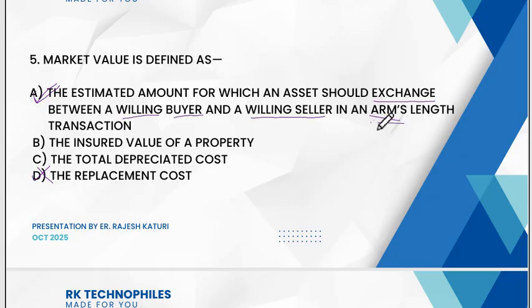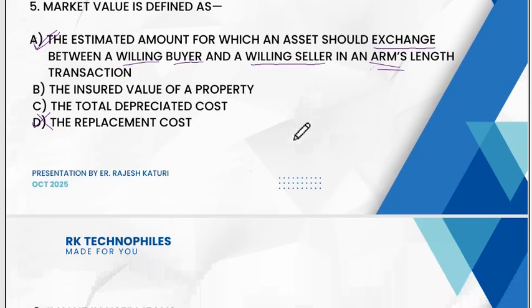There is no planned transaction. There is no unfair transaction and all. So arm's length means it's a fair transaction between unknown parties, between a willing seller and a willing buyer. So informed parties only. Okay.